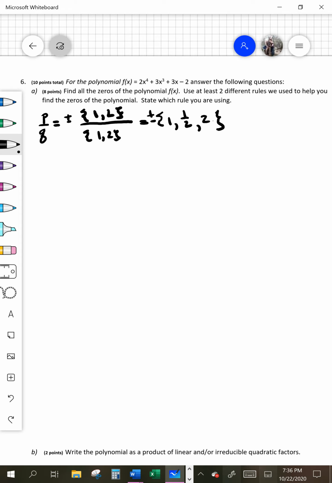So we also have another rule, Descartes' rule of signs. And so here we have 2x to the 4th plus 3x cubed. Notice there is an x squared term missing. Let's put in plus a 0x squared plus a 3x minus 2. So change the signs. Plus to plus, no plus. This could be negative. This is where it's a little confusing.